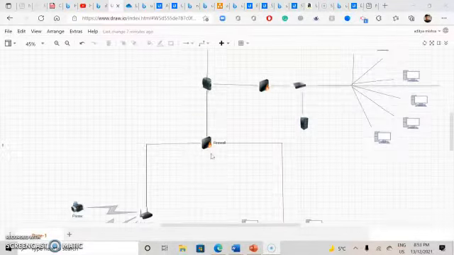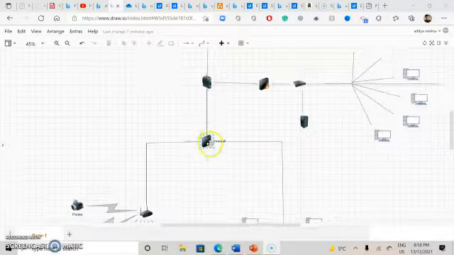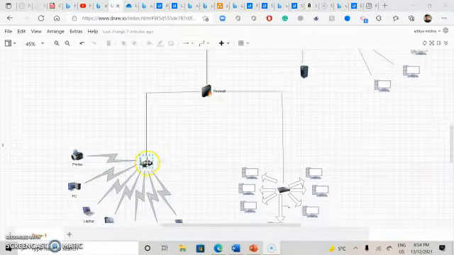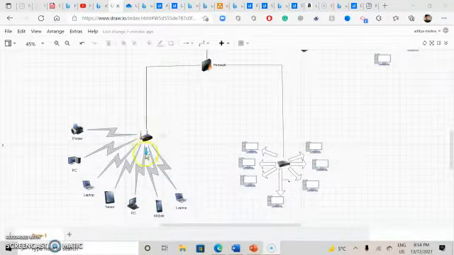In the workplace area, I've connected it through a firewall, and it directly goes through a wireless access point, whose name is Ubiquiti U6 Lite, and it connects wirelessly to all the devices.